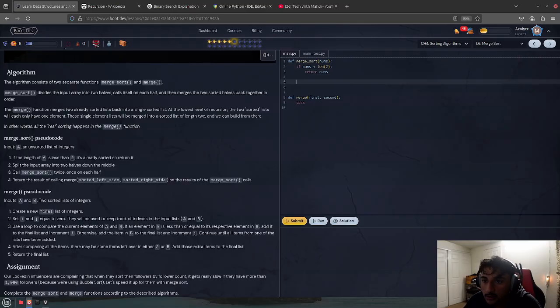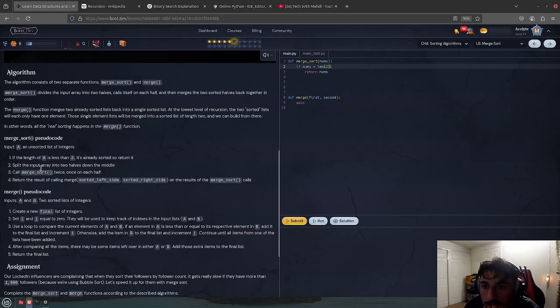Right. Now I understand why it's less than 2, because if it's less than 2, it should already be sorted as 1. It might be 1 here. No, it's 2. It has to be 2.